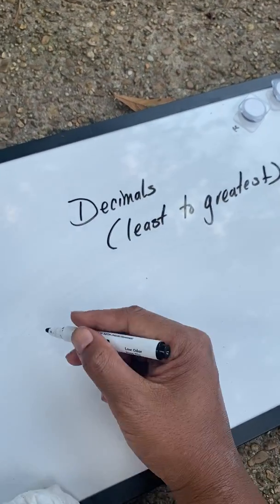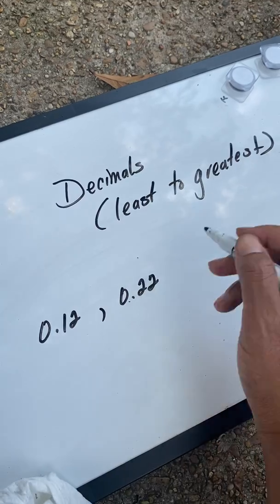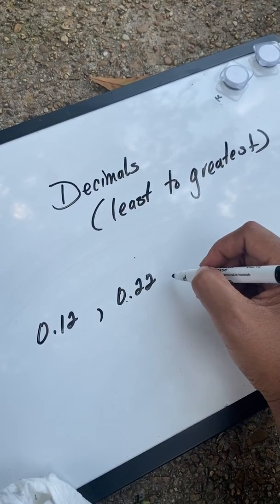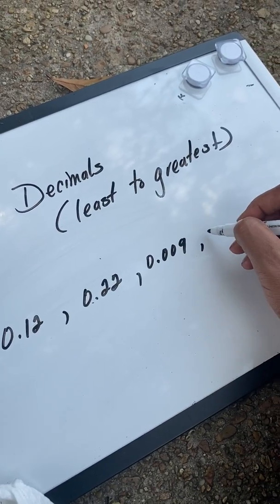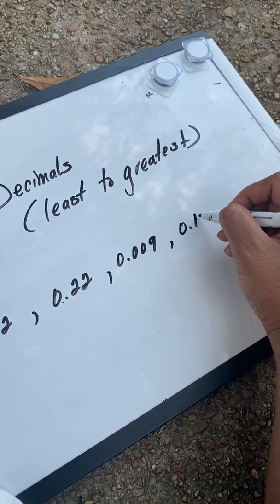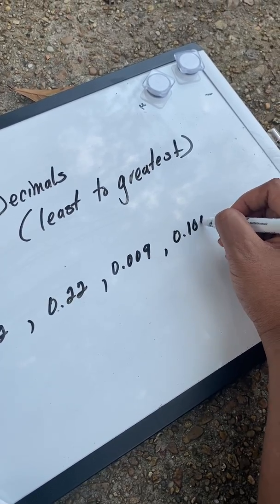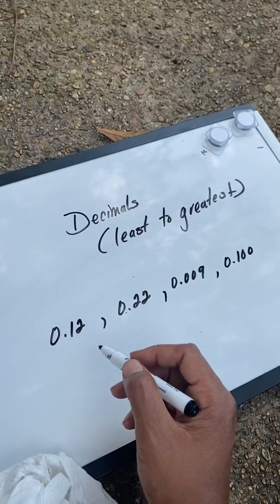Let me do 12, 0.22, 0.009, 0.1, 0, 0. So this is another set, just a practice set.